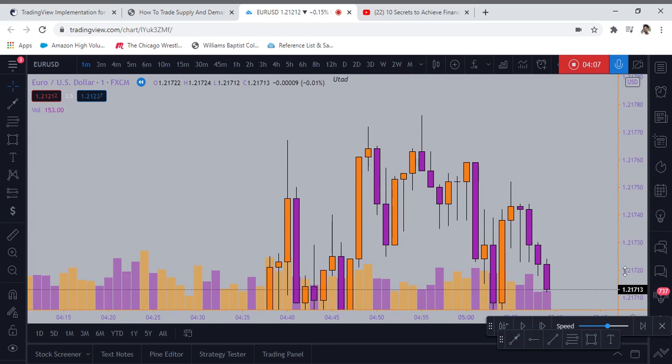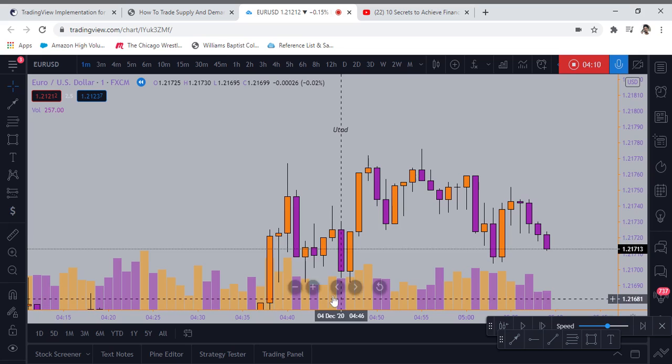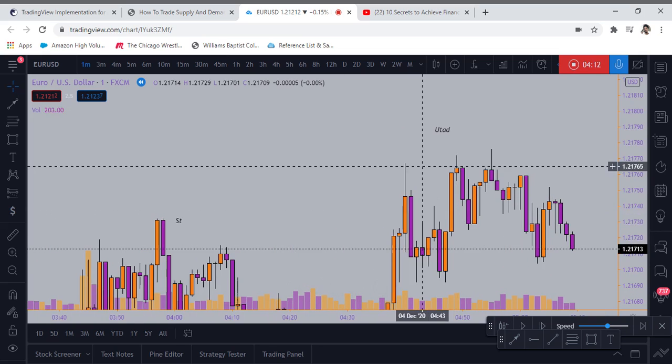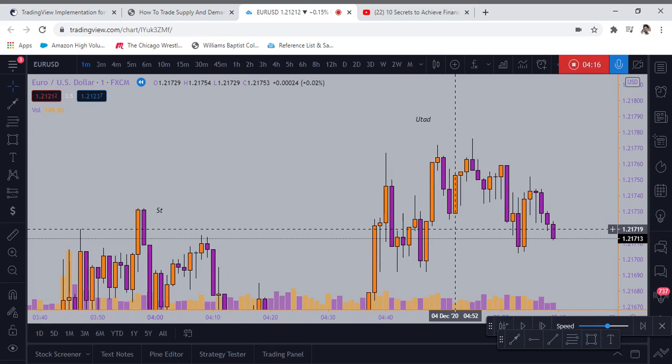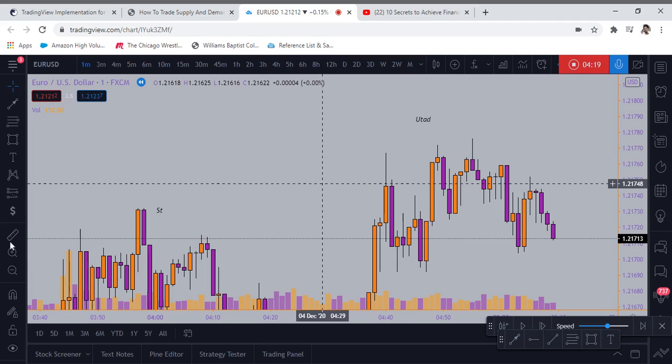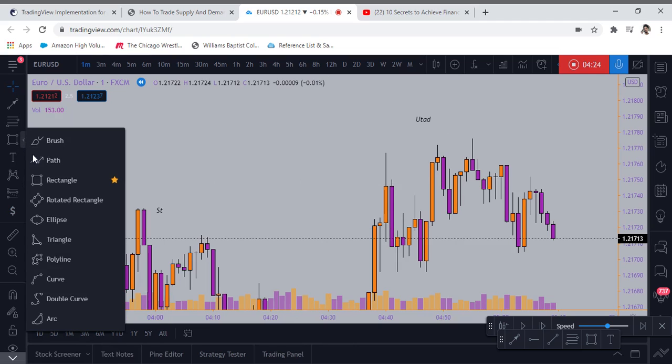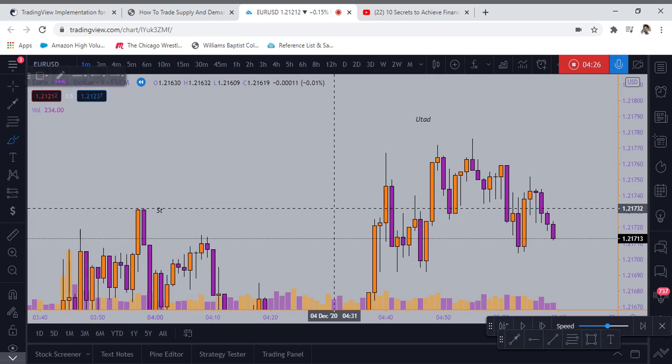So this is the UTAD part that we were just looking at. And it's another one around the bottom, I mean around the top. You hear me? That plays along with your distribution bias because you see how price is moving.